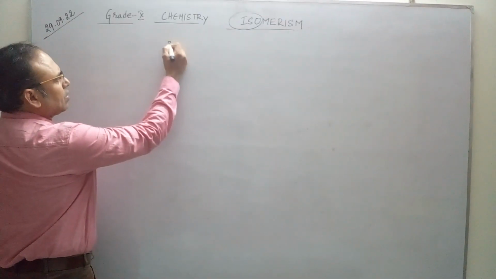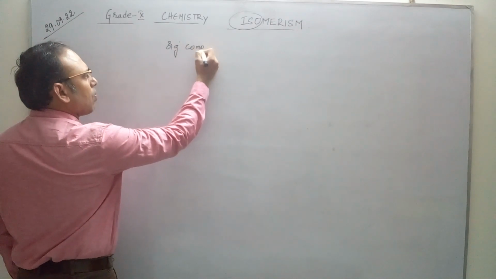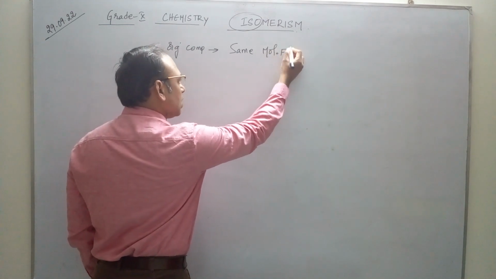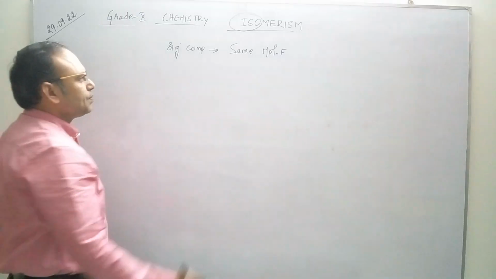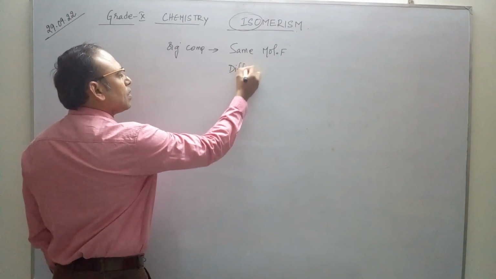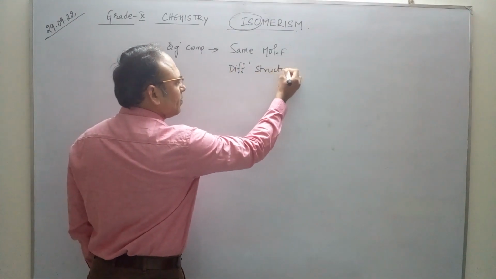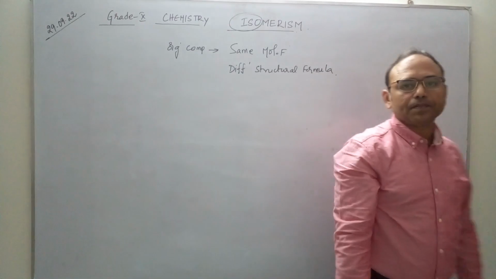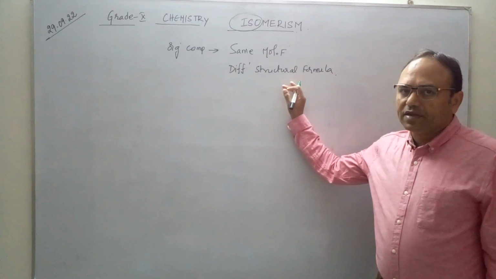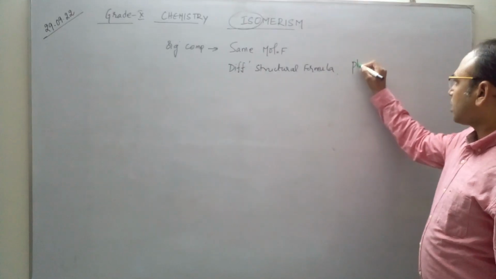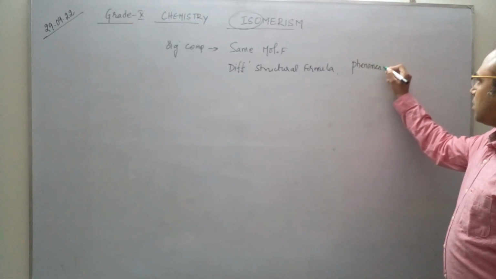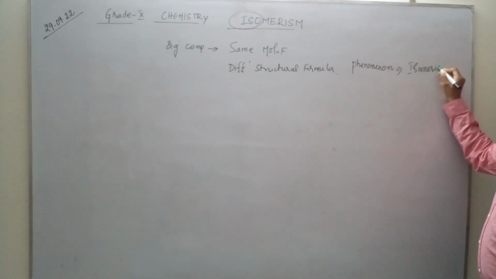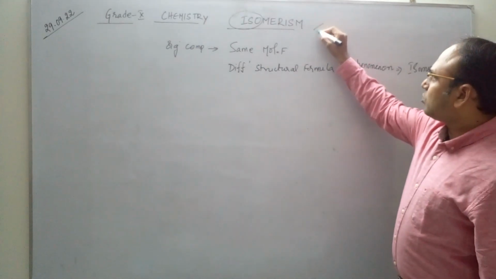If you are taking two organic compounds, they have the same molecular formula and different structural formula, then you call them structural isomers, and the phenomenon is known as structural isomerism.